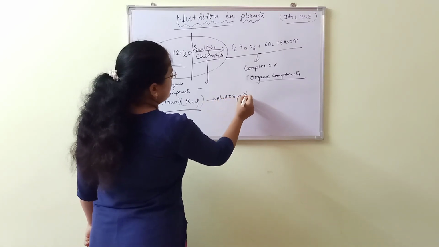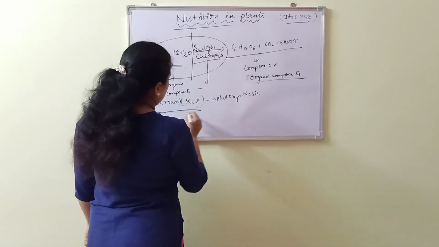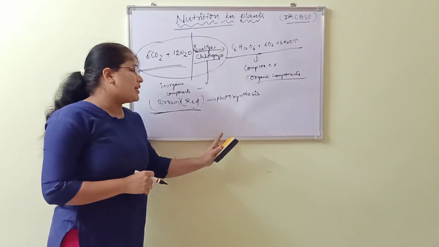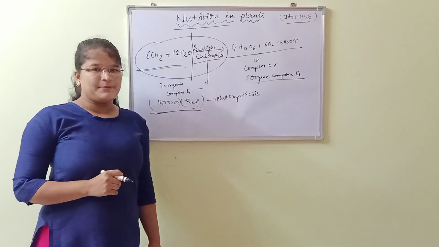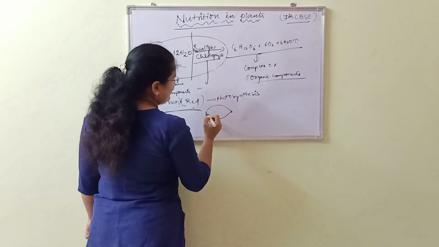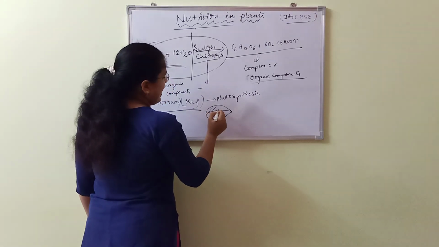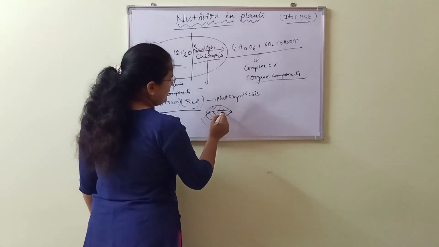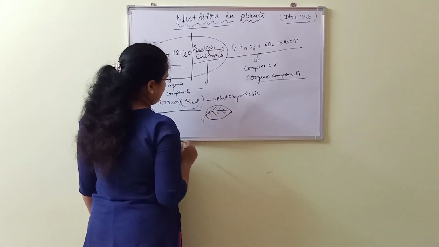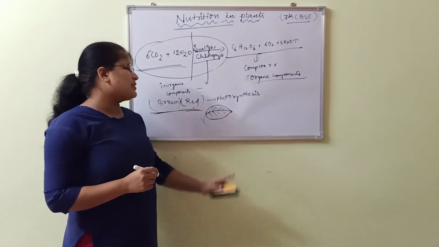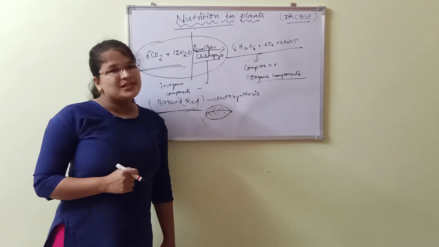If you observe these plants having red and brown color leaves, these are also responsible for photosynthesis, because inside such leaves they might have green color pigment which is mixed with the brown as well as the red. That's the reason these plants are responsible for photosynthesis.